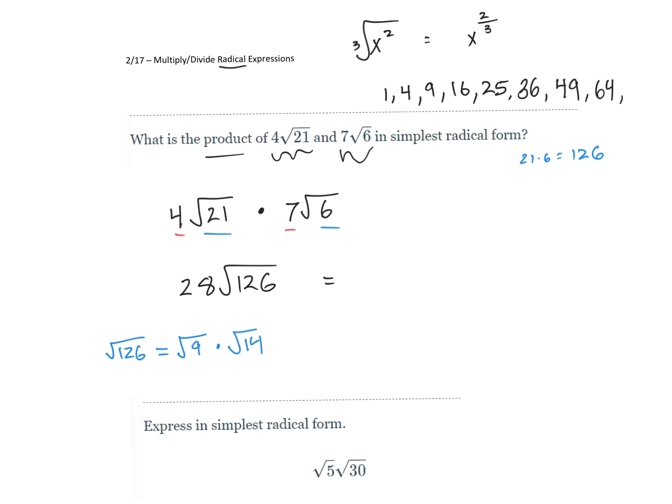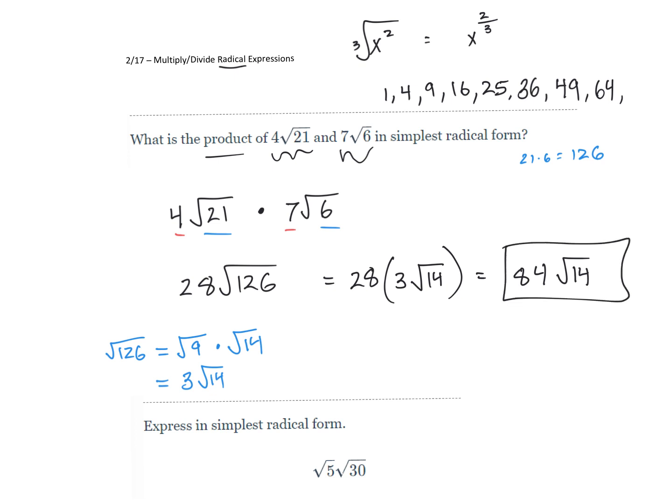And we're left with 14. The square root of 9 is 3, and the square root of 14 just follows along. So I'm going to replace the square root of 126 with 3 square root of 14. Clean this up a bit by doing 28 times 3: 84 square root of 14. Boom.